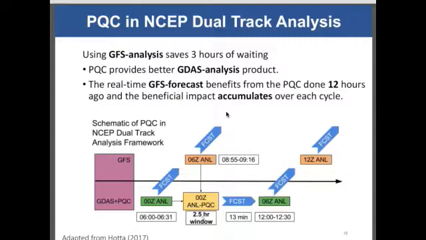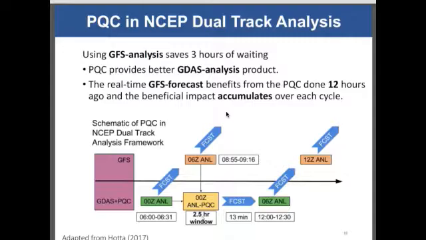Actually, the ensemble bit gets complicated because we recentered the ensemble about the late GDAS analysis. So if we're correcting that, we will have to account for that in the ensemble as well. Can you say it again? When we run a hybrid, we replace the EnKF state estimate with the hybrid analysis through a recentering procedure.